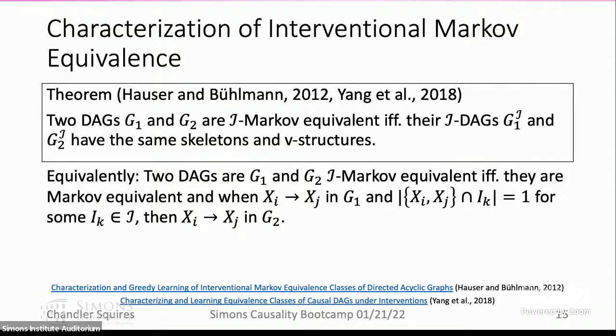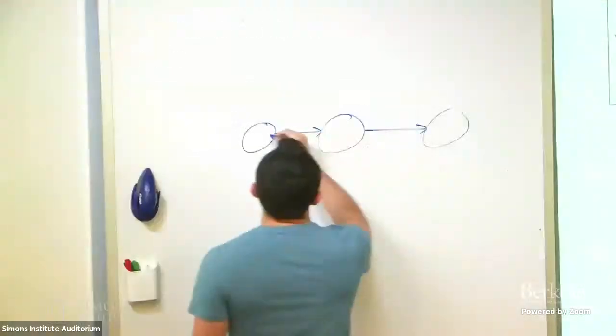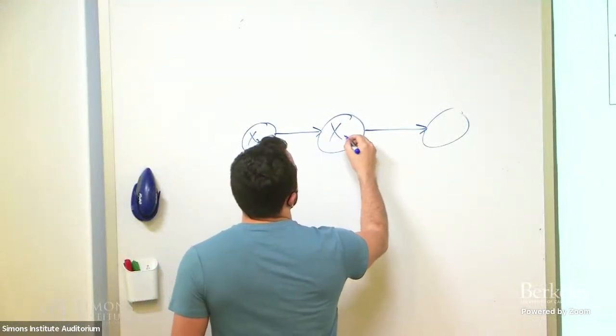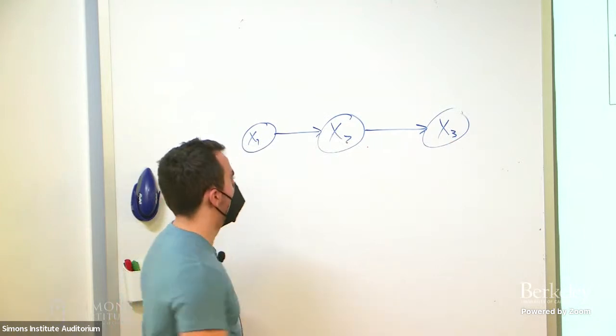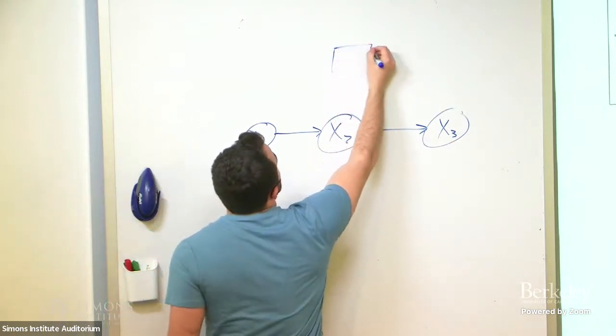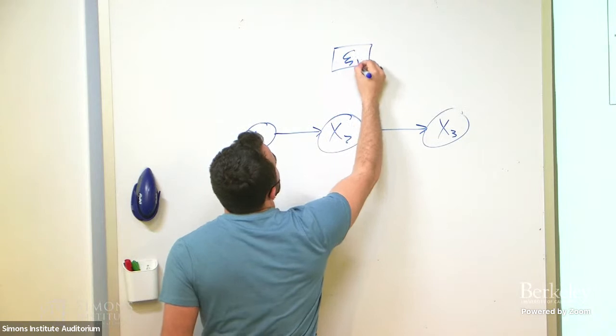So I'll write an example over here. If we have a graph like this, and say we intervene on x2, so I'll add this 0-to-1 variable, zeta 1.